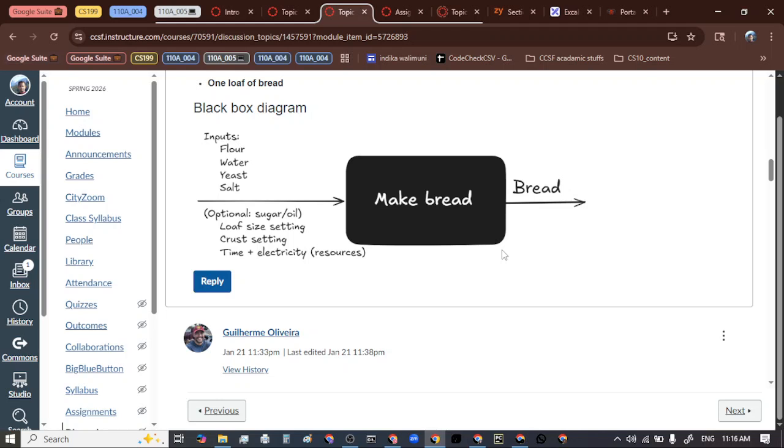But here's a big thing, right? If you are the engineer who designed the bread machine, then you need to know everything. Okay, right? That's what we call domain knowledge. In this class we will be writing code, so we need to know the domain knowledge as well.